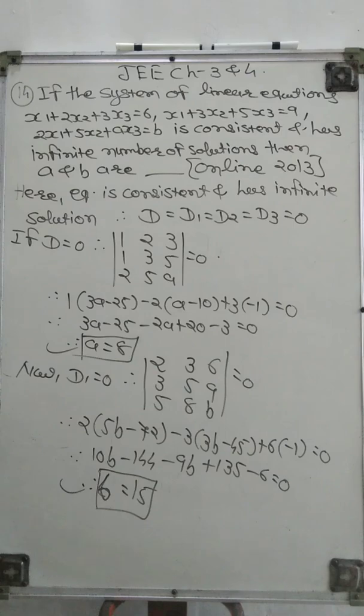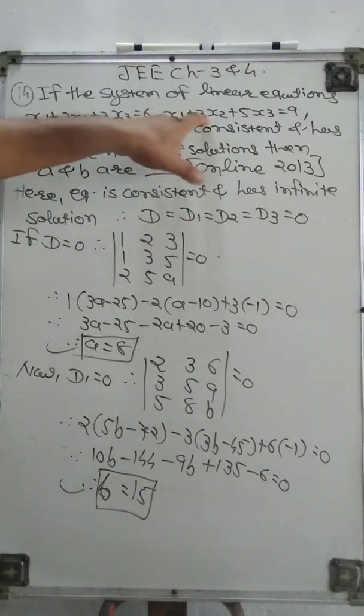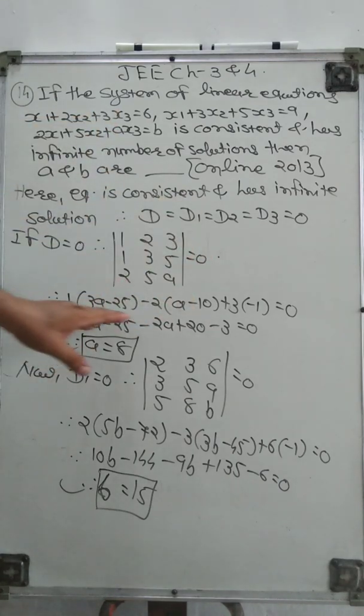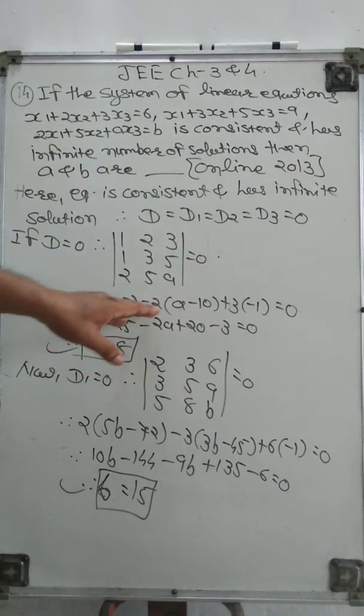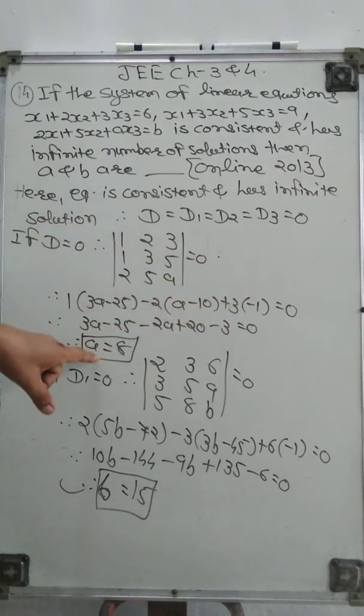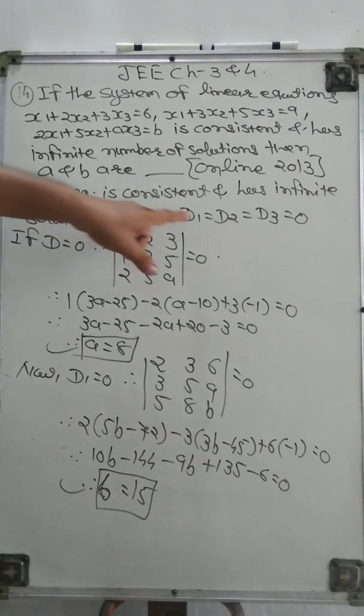Therefore we take 1, 2, 3; 1, 3, 5; 2, 5, a is equal to 0. If we simplify this determinant, 3a minus 25 minus 2, then you get the answer a equal to 8.